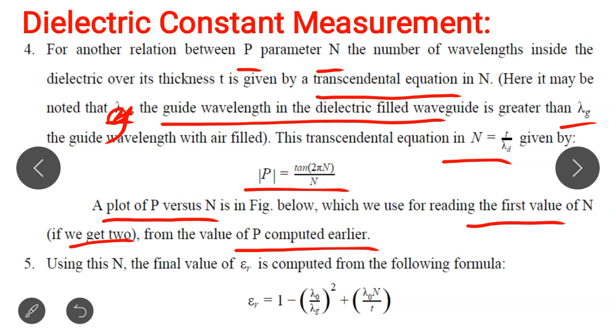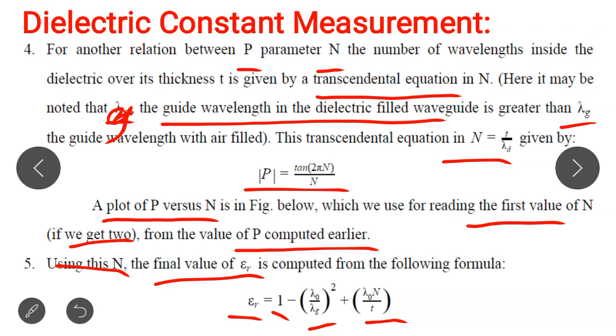Now using this N, the final value of epsilon r is computed using the following formula: epsilon r equals 1 minus lambda 0 upon lambda g whole square, plus lambda 0 into N divided by T.